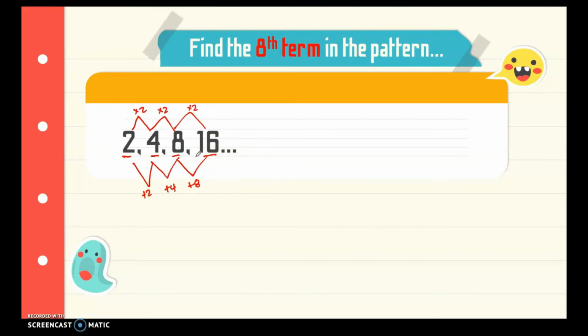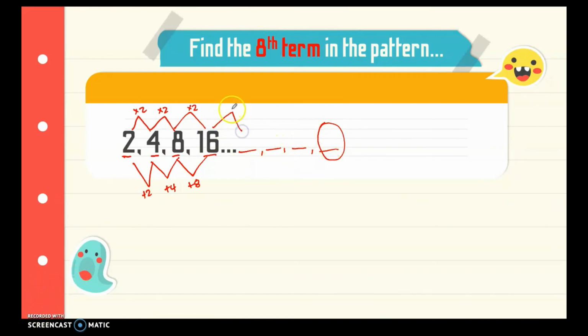Now the instruction asks you to get the eighth term. Since you know the pattern, you just need to fill in the next terms until you find the eighth term. So we need to find the fifth, sixth, seventh, and our final answer is the eighth term because that's what is asked in the question.